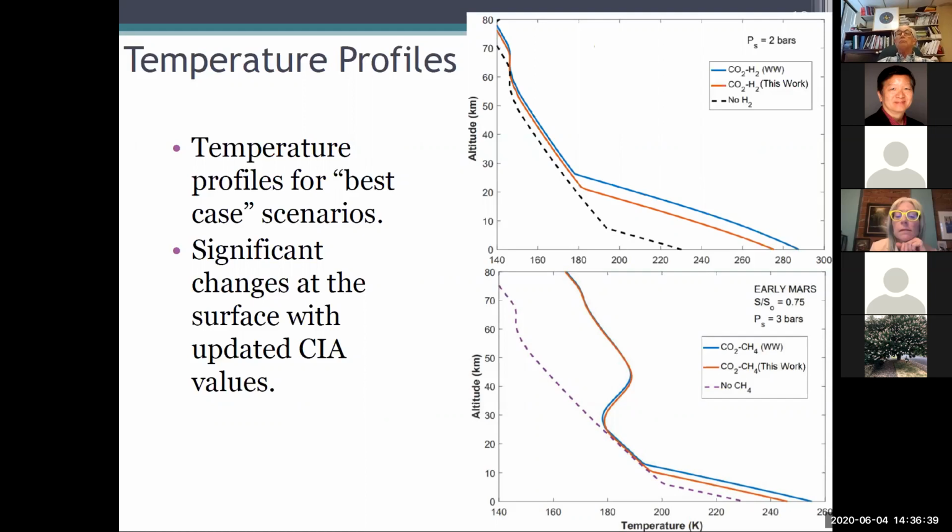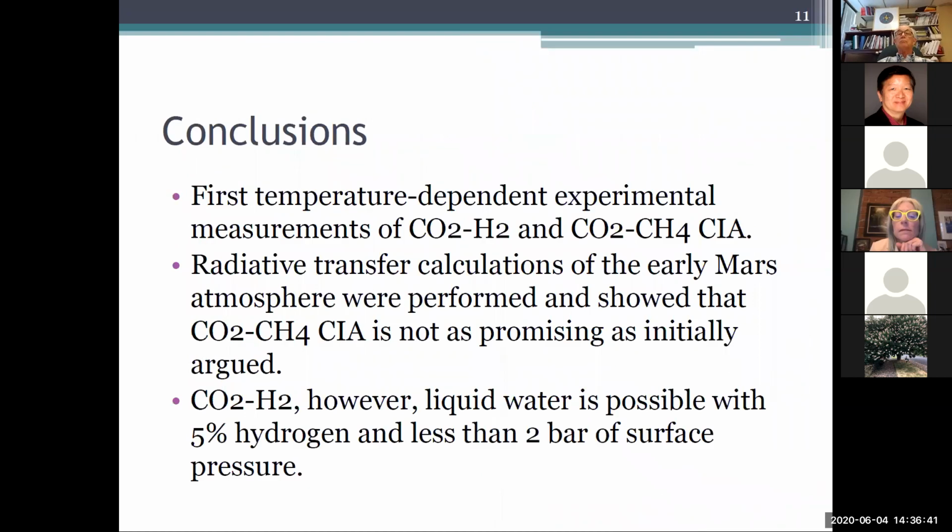And then last slide. So in conclusion, these were the first temperature-dependent experimental measurements of these CIA values. They agreed quite well with previous experimental groups' publications. They ultimately disproved Wordsworth's original model, which was twice as strong as it should have been, but that's okay.